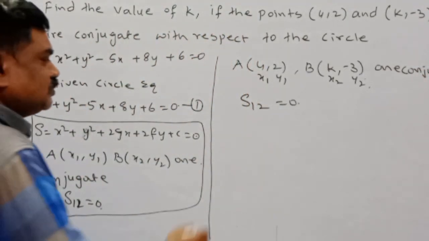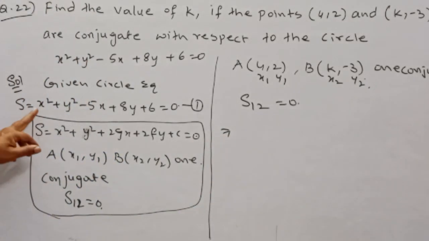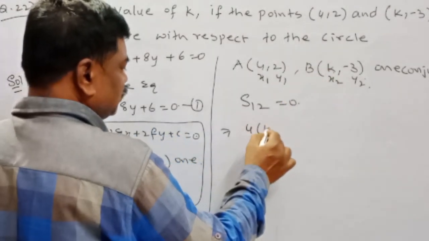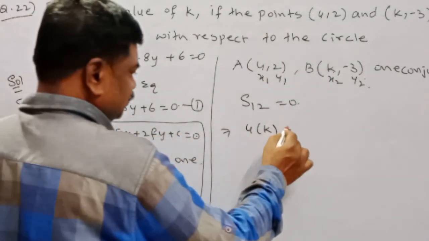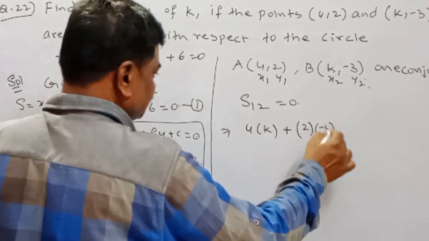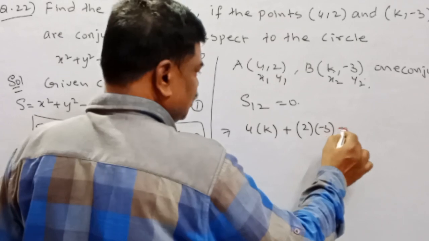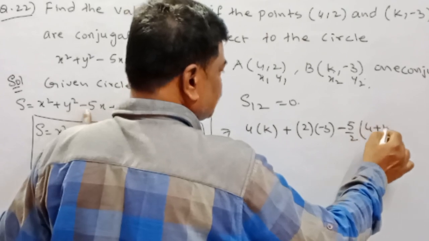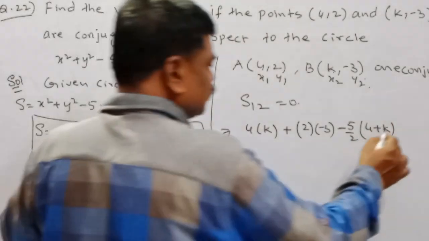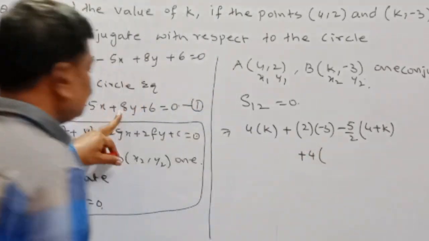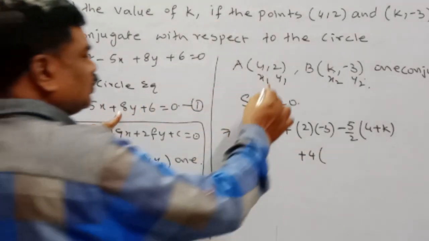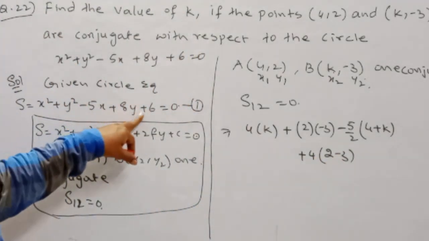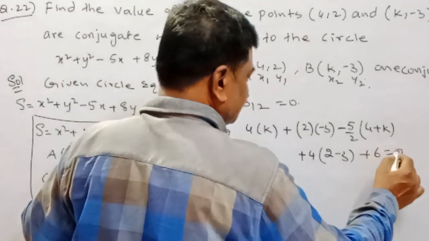So S12 equal to 0 gives x1 x2, that is 4 into k, plus y1 y2, 2 into minus 3, minus 5 by 2 of (x plus x1), that is 4 plus k, plus 4 into (y plus y1), that is 2 minus 3, plus 6 equal to 0.